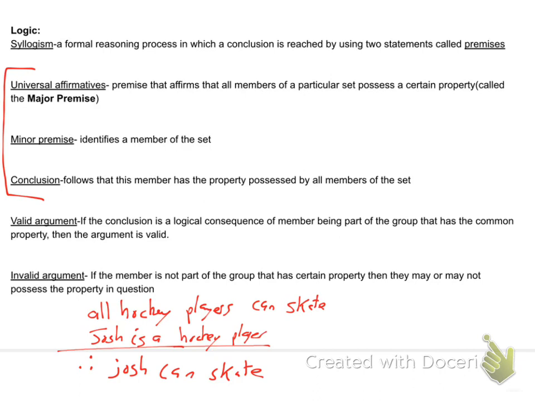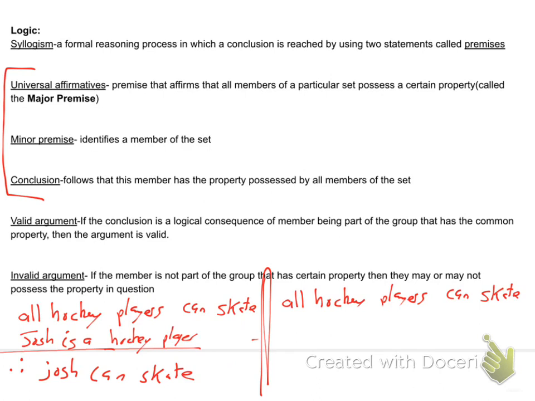Okay. I copied and pasted here and I erased half, so I want to restart this. What if I still state, all hockey players can skate again. Same major premise. Universal affirmative. All hockey players can skate. Now, Josh can skate.